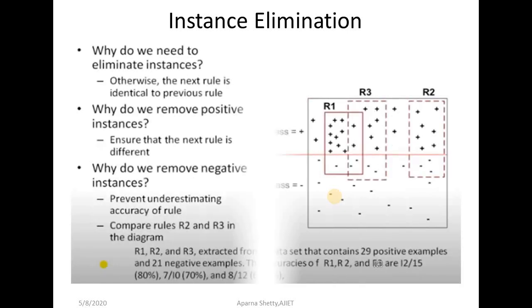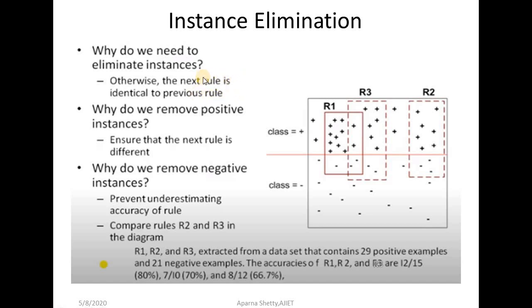Next is instance elimination. So why do we need to eliminate instances? Here they are telling that once a rule triggers a record, you have to remove those records from the training set, the records that are triggered by the rule, from the data set. Why do we need to eliminate instances? Otherwise the next rule is identical to the previous rule.